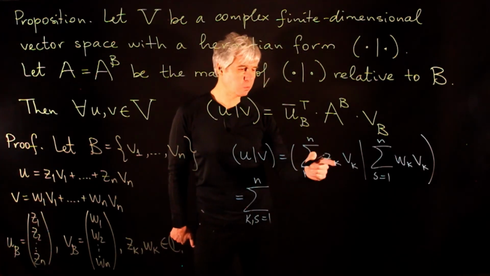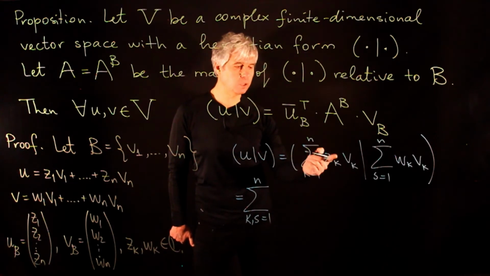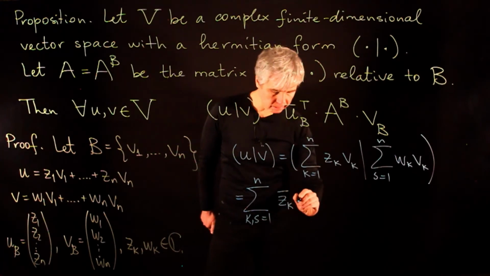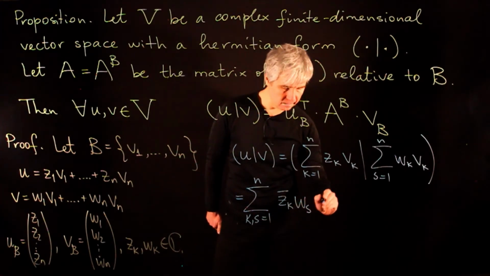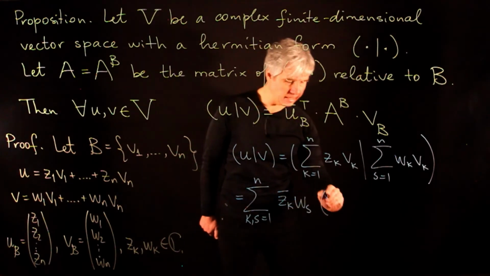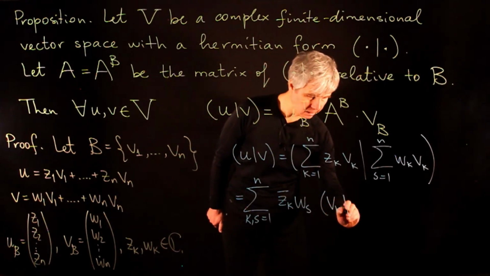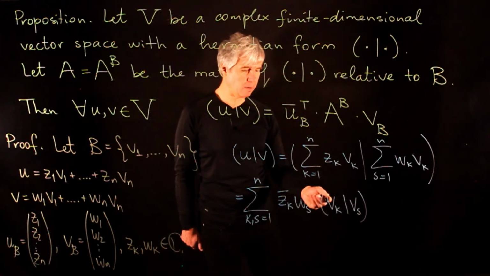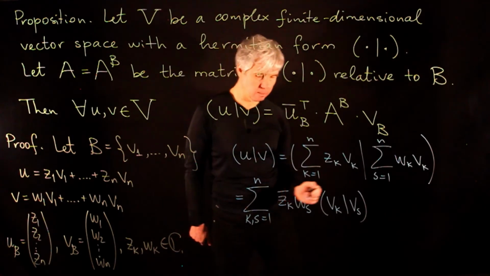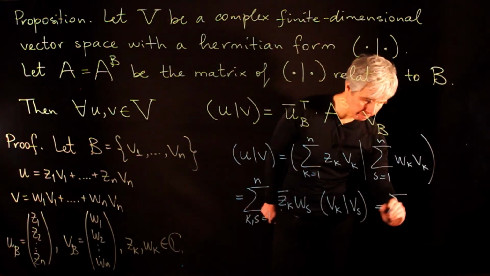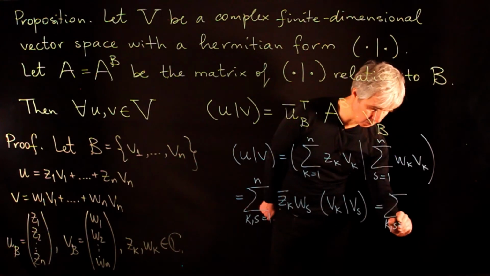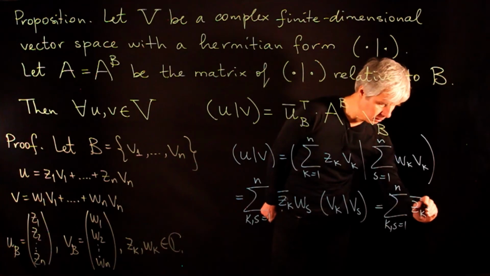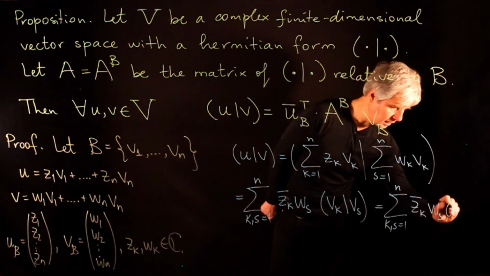Here, when we pull out z from the first factor, we pull it out with the complex conjugate. So we get zk bar times ws times the value of the form on vk with vs. But this is exactly the entry of the matrix A. So this becomes the sum, k and s going from 1 to n, zk bar ws times a_ks.